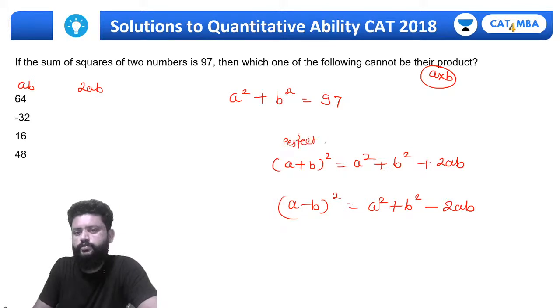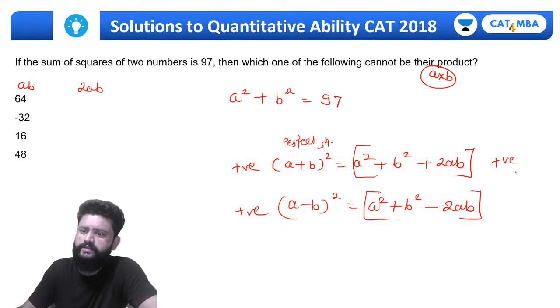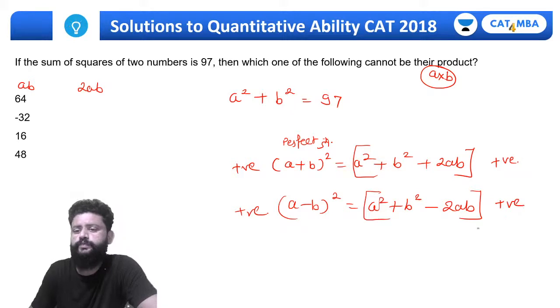It's a perfect square. Doesn't matter if it is a positive number or negative number, this square number has to be positive. तो क्या कह सकते हैं हम? a square plus b square plus 2ab and a square plus b square minus 2ab, both these must be positive.